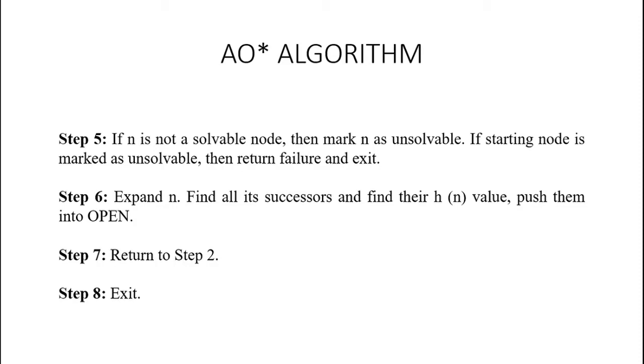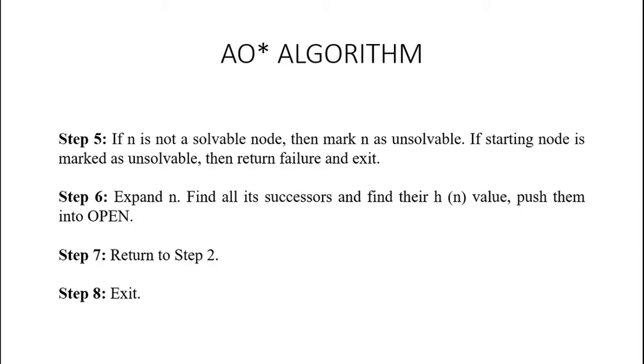Then in step 6, the node n is expanded and all of its successors and their h(n) values are found by the algorithm, and then the successors are pushed into the array open.